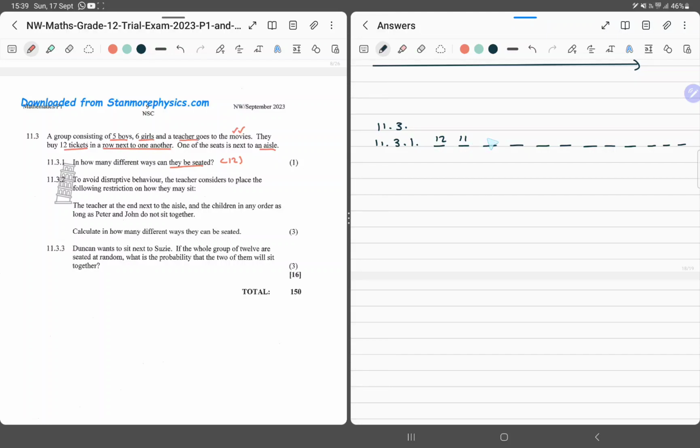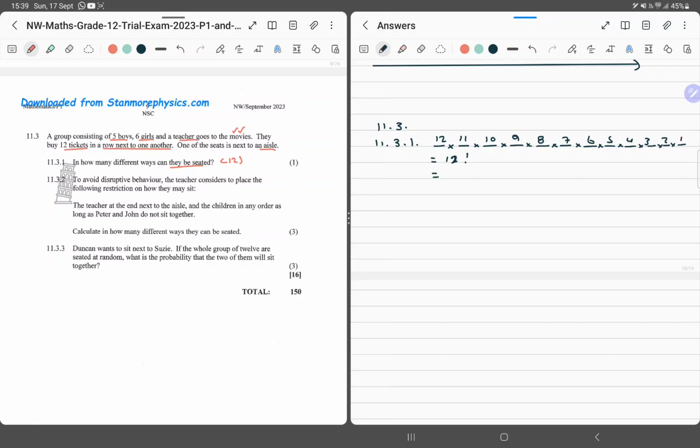Once we place the 2, it can be any one of the 10, 9, 8, 7, 6, 5, 4, 3, 2, 1. And we're just multiplying all of those possibilities. You will feel like this is crazy, but it is true. This is 12 factorial.